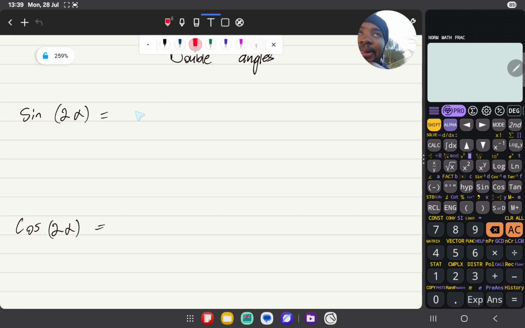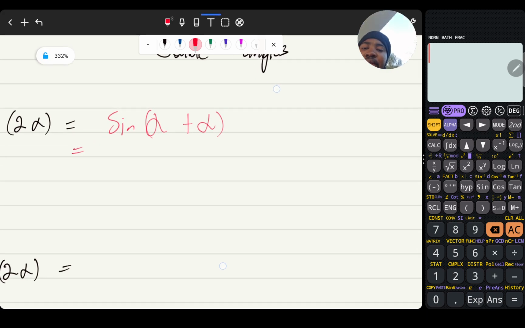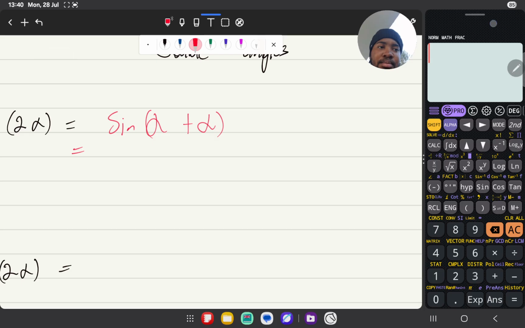Look at the case where you have sine alpha plus alpha, which is exactly 2 alpha, meaning that you will have sine alpha cos alpha, plus cos alpha sine alpha, right?